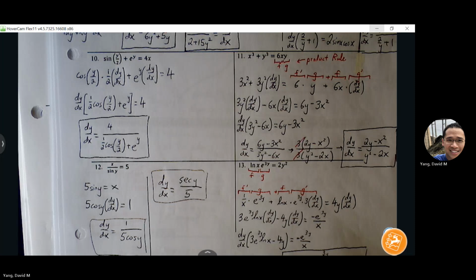Because potentially you can solve for y, due to plus or minus. That means it's going to take.